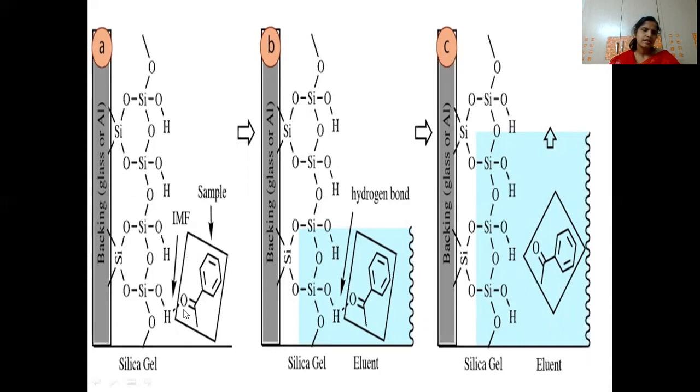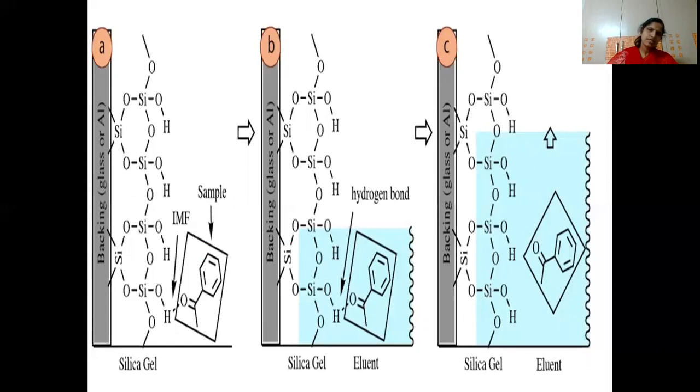Now, as you can see here, the carbonyl group is forming intermolecular bonding with the hydrogen. That is, intermolecular forces are acting here. As I said, the principle involved is adsorption, which is only a surface phenomenon. There won't be any chemical interaction or chemical reaction taking place between the sample and the adsorbent.